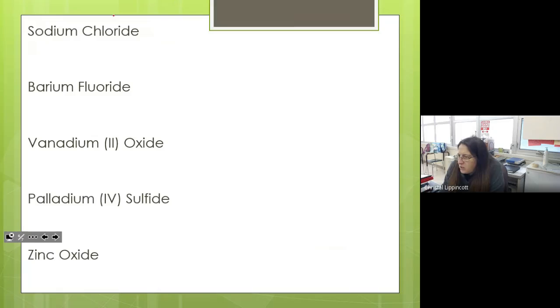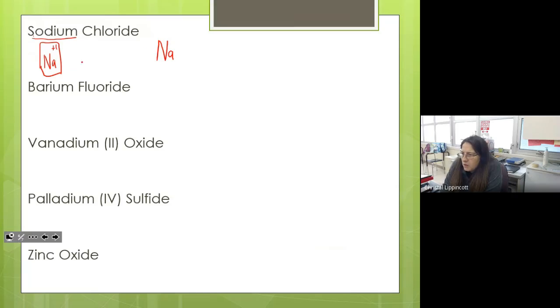So the first thing you need to do is go to your periodic table and find sodium. On your periodic table, sodium's number 11. You're going to find sodium listed there and write down the symbol for sodium. And then in that sodium box, you're going to find a +1 up here in the corner.